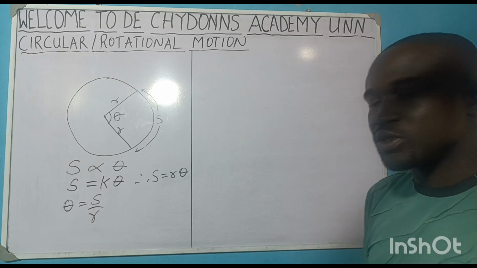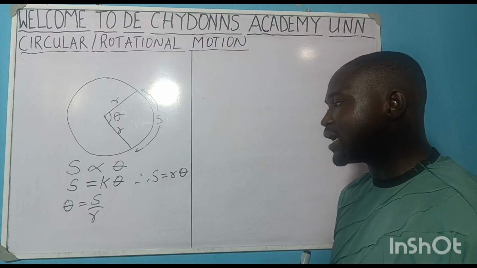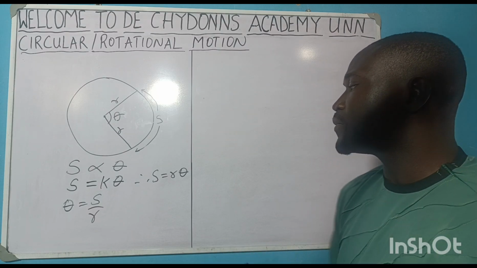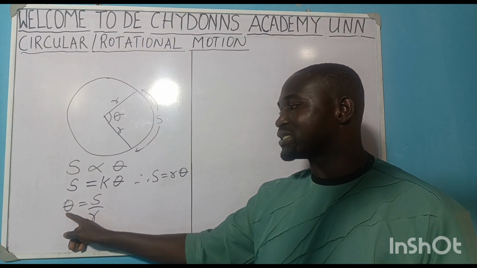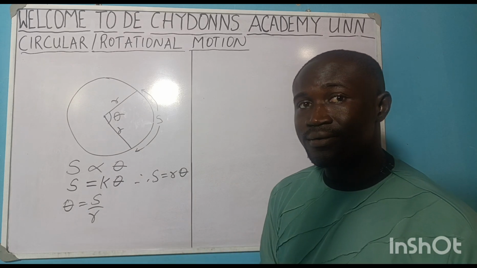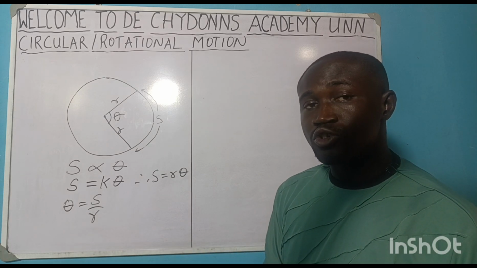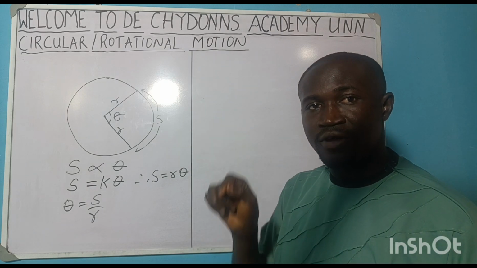That is noted. Then we also have again that this theta you are seeing here is equals to what? 2 pi. 2 pi, that is the circumference of the circle, 2 pi r all over radius.